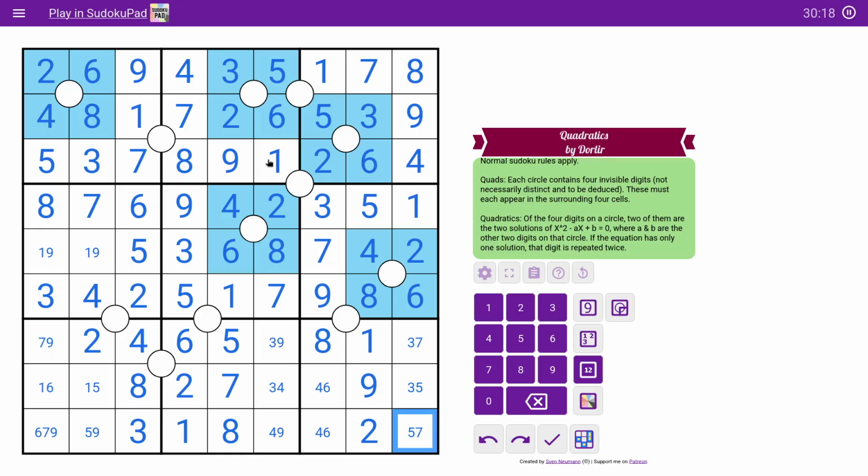3, 5, 7 works with the column. 4, 6 works with the column. 3, 4, 9 works with the column. 1, 9 works with the row. 7, 9. 1, 6. 1, 5. 6, 7, 9. 5, 9. Yes, okay. All the information that's in the grid is consistent so far.